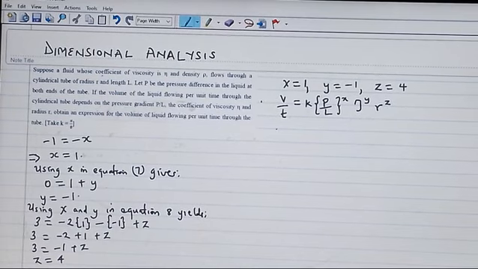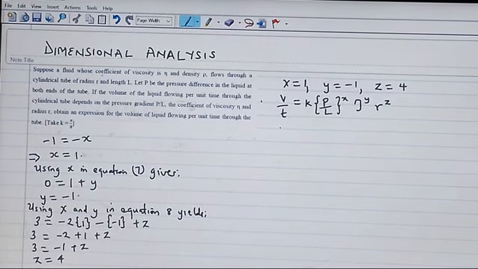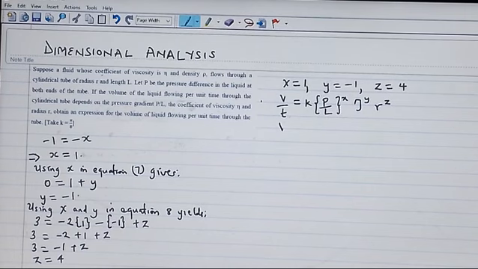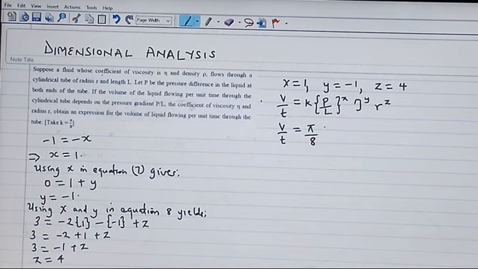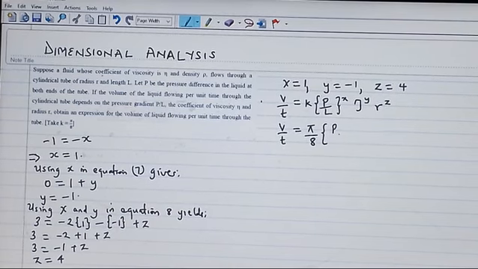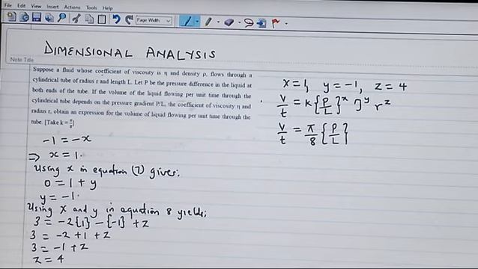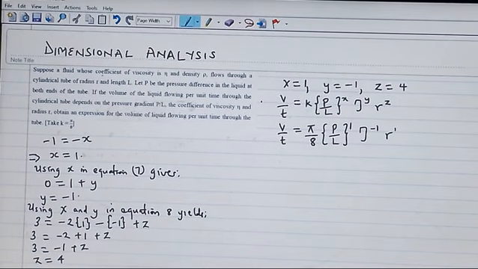So we substitute the values of x, y, and z into this expression. So we proceed by saying v over t. Remember, the question says k equal pi over 8. So we say pi over 8, brackets p over l all raised to power 1, coefficient of viscosity raised to power minus 1, and radius raised to power 4.